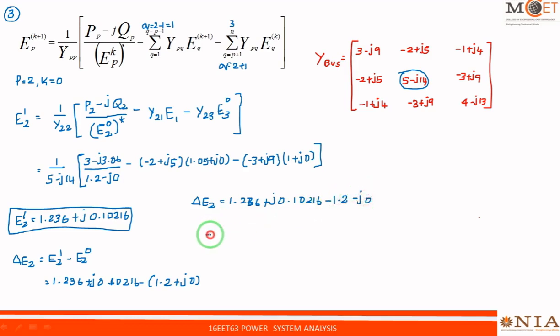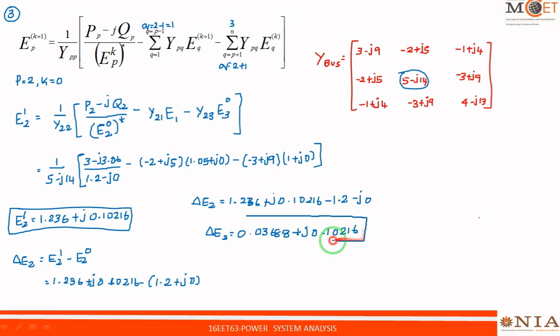If I simplify, I get delta E2 equal to 0.03688 plus j0.10216. So this is delta E2.